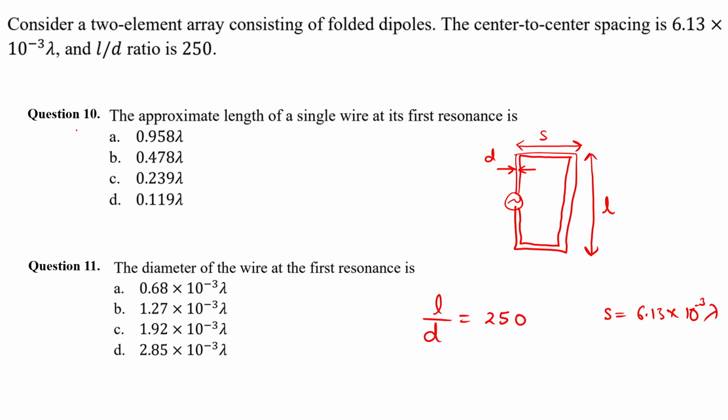So in question number 10, we have to find the approximate length of a single wire at its first resonance.